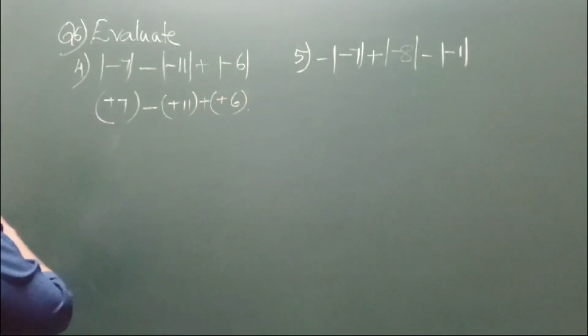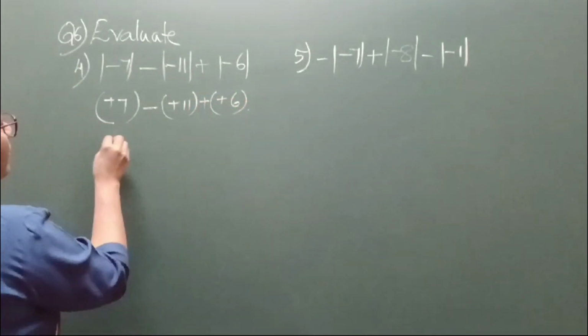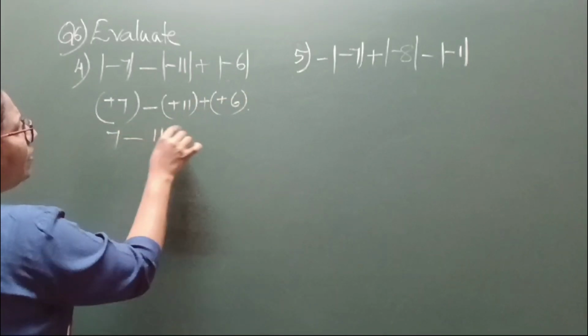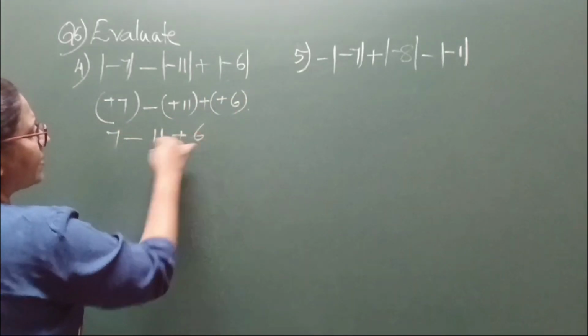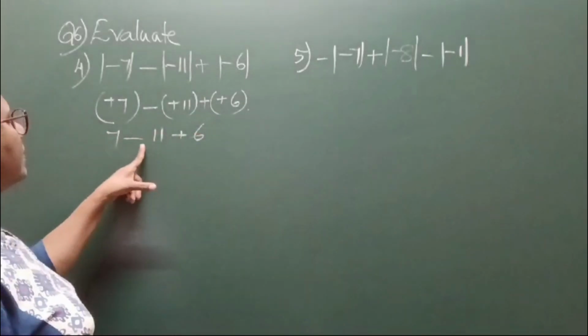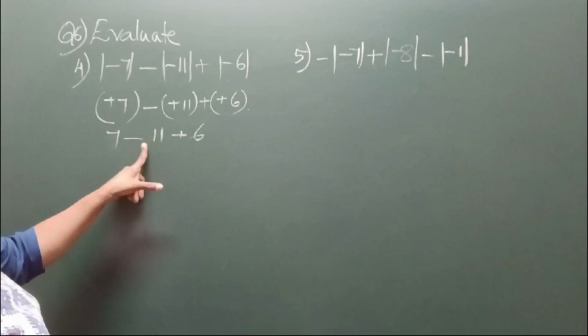Now we have to remove the simple bracket. So we'll write 7, then minus 11, plus 6. This is plus 7 and this 11's symbol is minus.